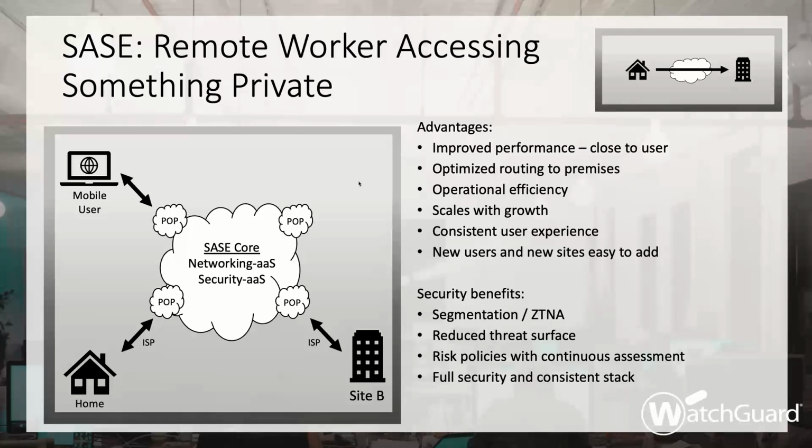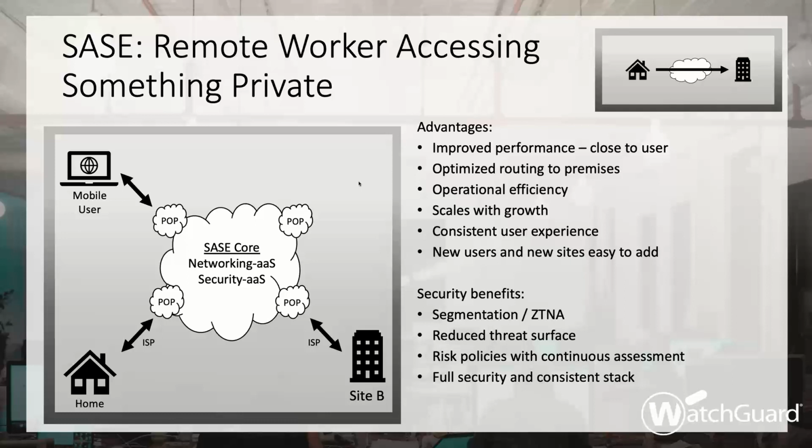So user A has access to application B in a very easy to manage way from a policy perspective. And this reduces that threat surface, right? I know traffic can only get from the places that I want, and it helps really reduce the risk of some of that lateral movement.